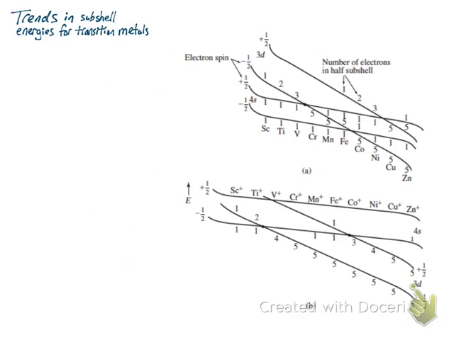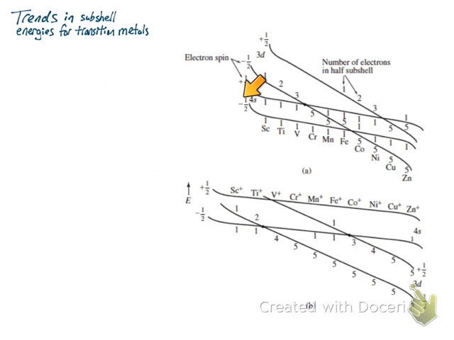Basically what this is showing, and we'll start with the top diagram, you can use the top diagram and the lower diagram separately. This is for neutral transition metals, and this part of the diagram are energies for the orbitals for +1 metals. And you can see there's a slight shift when you go from a neutral transition element to one with a positive charge.